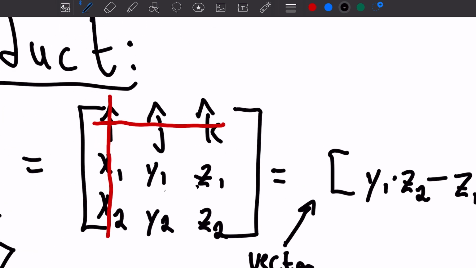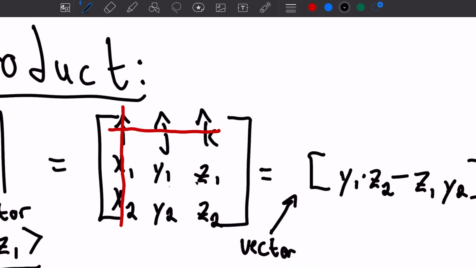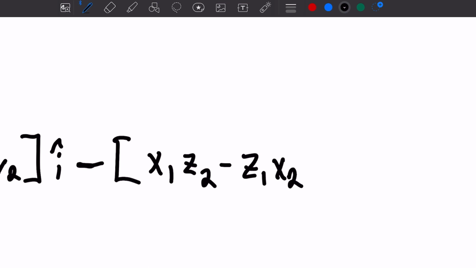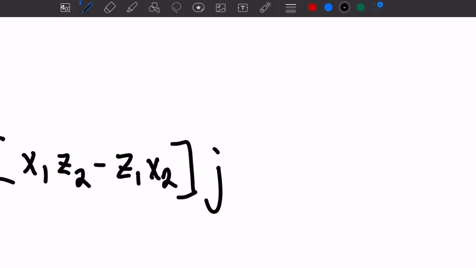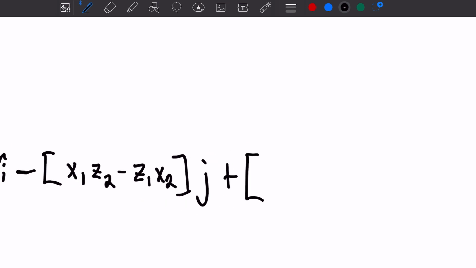So again, we're going to act like we're ignoring the j column. So we will have x1 times z2, and then z1 times x2, because again, we're acting like the j column doesn't exist. So we will have our x1 and z2 minus our z1 and x2, and that will be our j value. Then it will alternate back to a positive, so we're going to be adding our k values in.